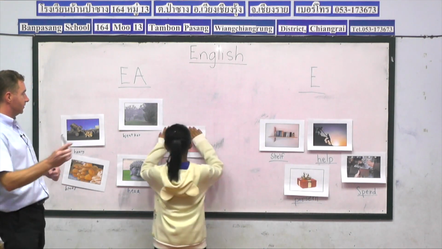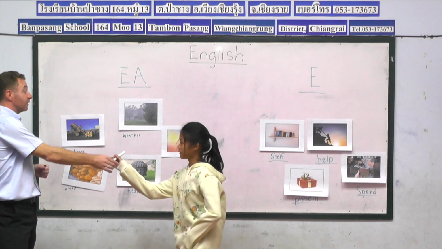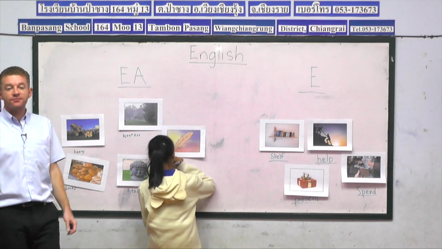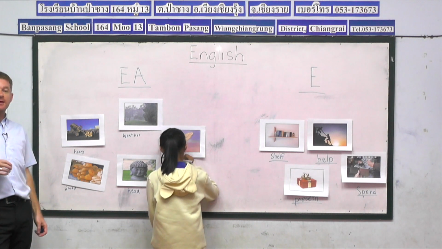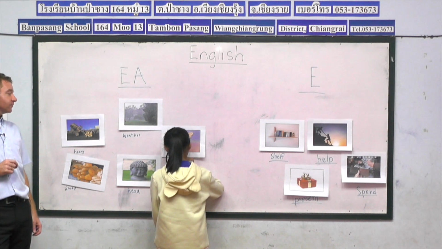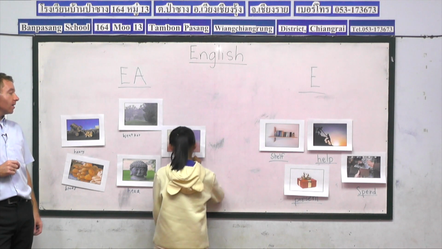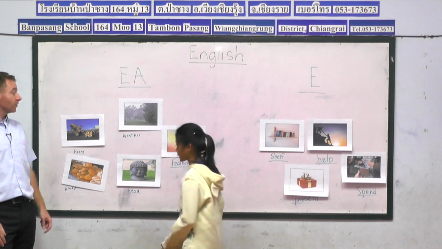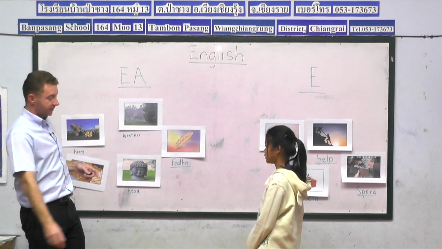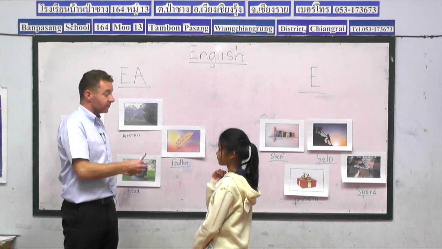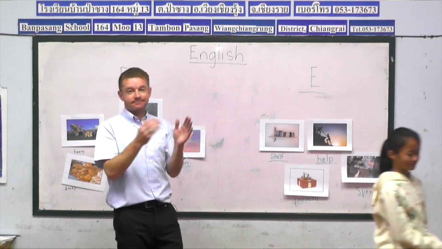Excellent. And then we can help Down to spell feather. F-E-A-T-H-E-R. Excellent. So all together, guys, feather, E-A spelling. Very well done, Down. Big round of applause for Down.